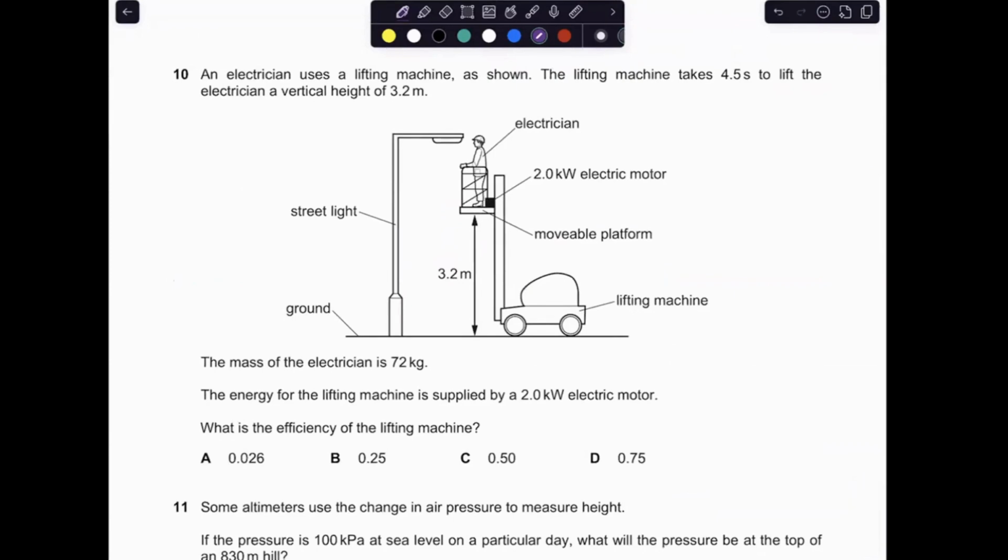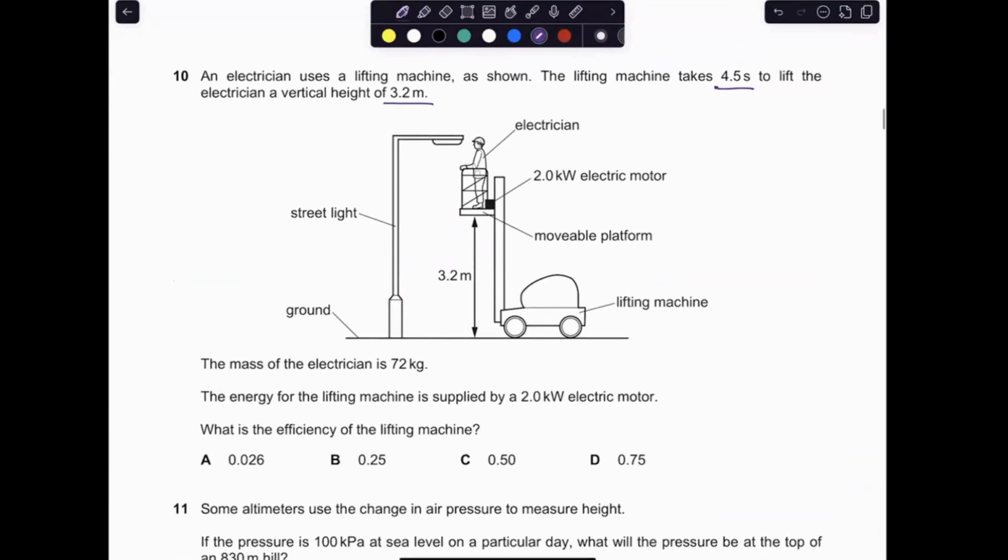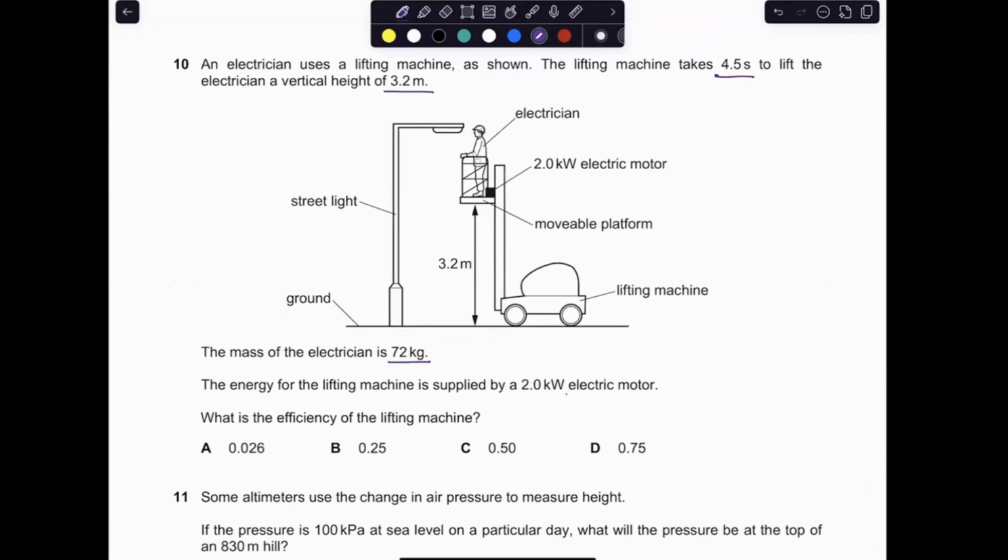Number 10, an electrician uses a lifting machine. The lifting machine takes 4.5 seconds to lift the electrician through a vertical height of 3.2. The mass of the electrician is 72 kg, and the energy for the lifting machine is supplied by a 2 kilowatt electric motor.